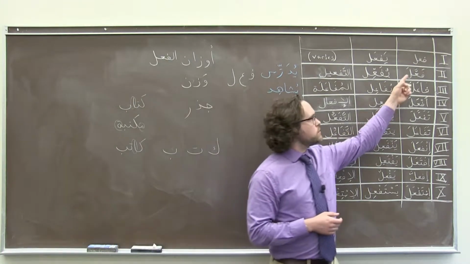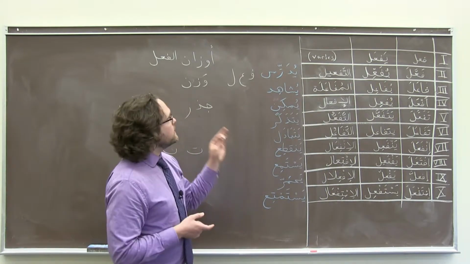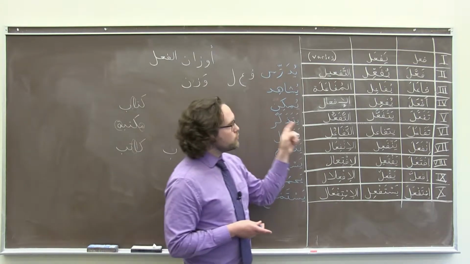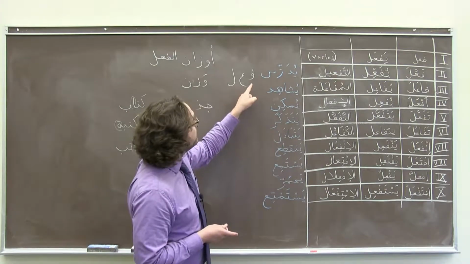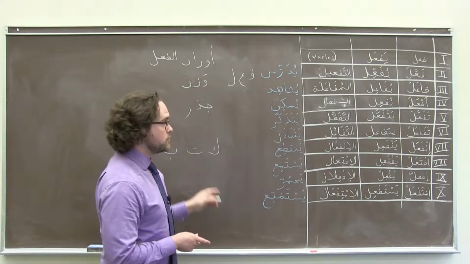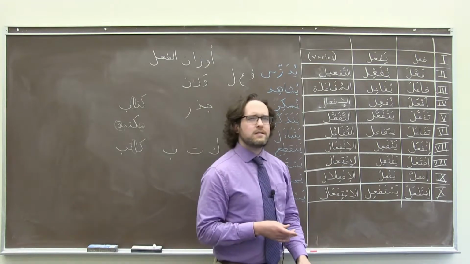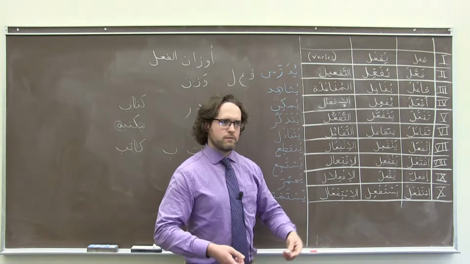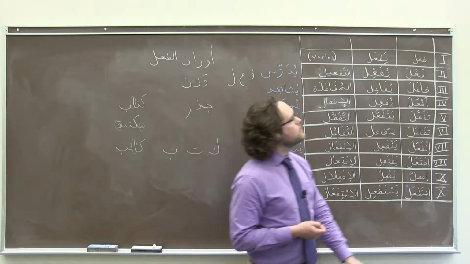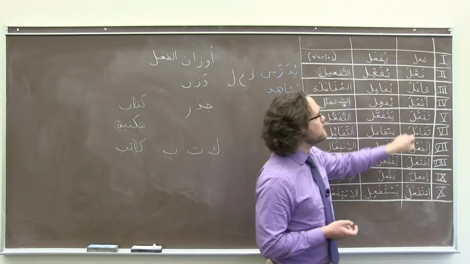Fa'ala is actually a fusha verb, meaning to do. So that's the reason that we use it in these patterns. When we want to create a meaningful word, though, we swap out the fa, ayn, and lam with the letters of a meaningful judhr, which we'll see in just a moment. When we're talking about awzan in the abstract, it's convention in Arabic, a tradition of traditional Arabic education, to refer to the awzan by their conjugation in the past tense.